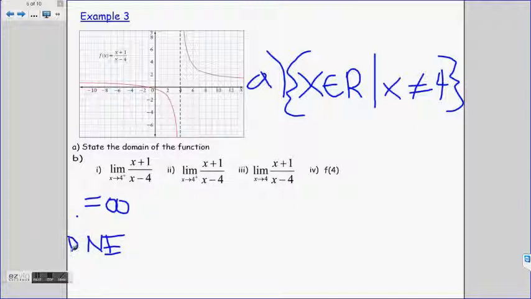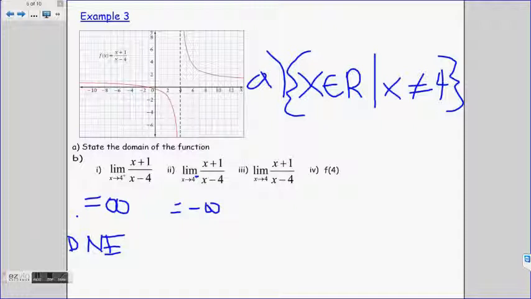Okay. Let's look at II. Oh, I think one of these should be negative. I'm just going to go ahead and fix that right there. So the function as x approaches 4 from the negative direction. Let's take a look at the function. As we go towards 4 from the negative direction, what do we have? The function approaches negative infinity.